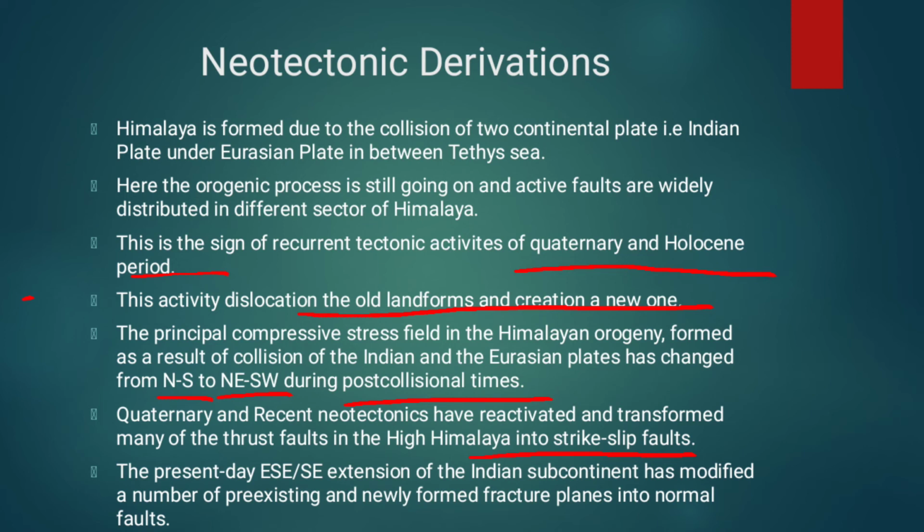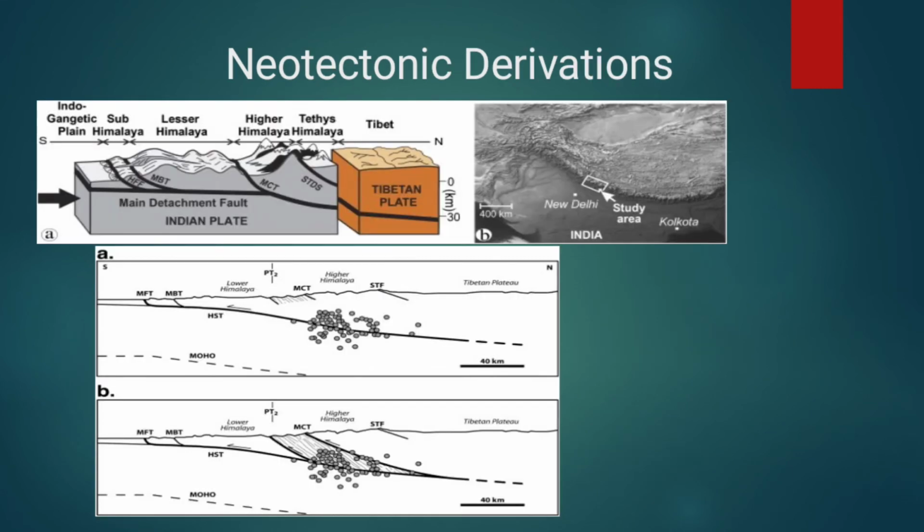The present day extension modified. So here is the Indo-Gangetic Plain, Sub-Himalaya, Lesser Himalaya, Higher Himalaya, and the Tethys Himalaya, which is the Eurasian plate and stable area.